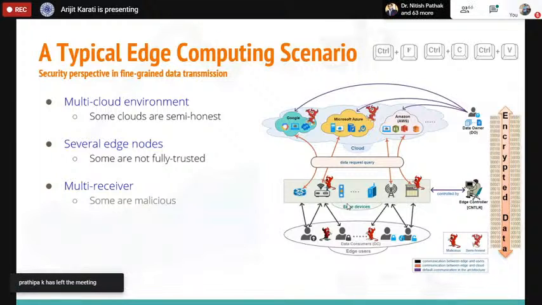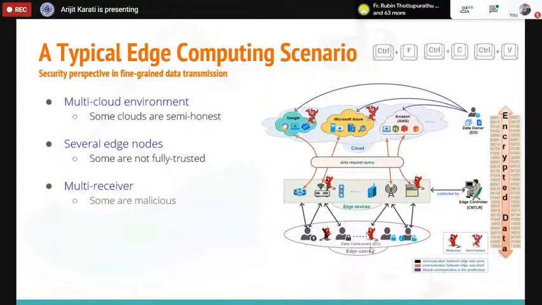Now, if we see the edge layer, the edge users, the data consumers or the edge subscribers, they could be either semi-honest or malicious devices. Take an example: I am an edge subscriber using edge services, you are also using some edge services, and we are friends. So maybe you can think that my data is safe.